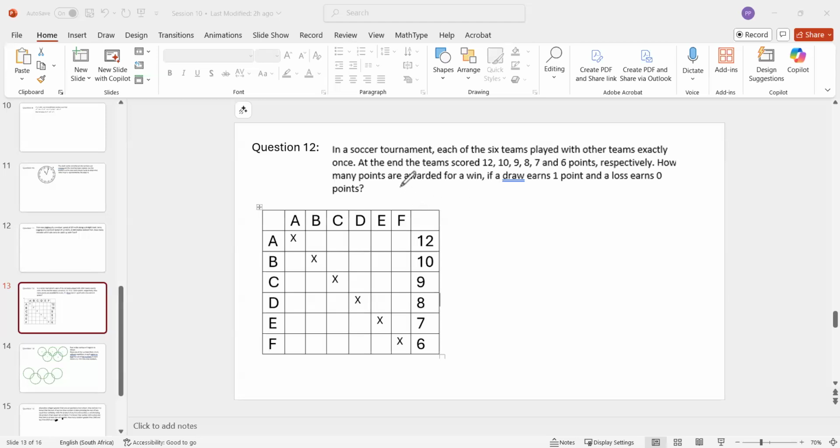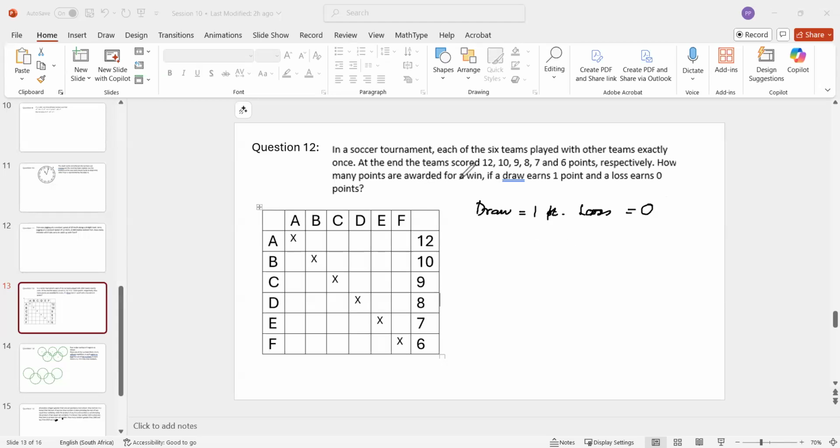And how many points are awarded for a win if a draw earns 1 point? The loss, obviously, will not earn anything. So loss gets 0 points.